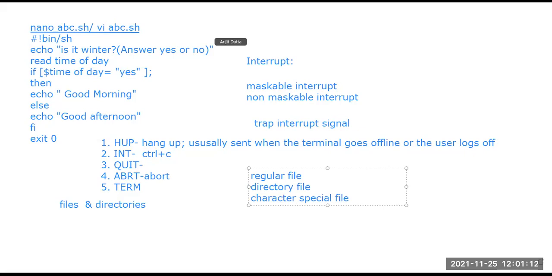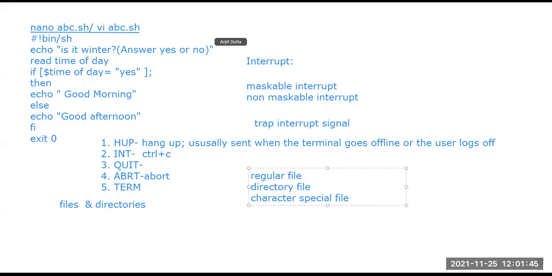This character special file is specially used for system purposes, for particular system devices, helping those device files run the system properly. Then there is a block special file, which is specially used for disk devices.